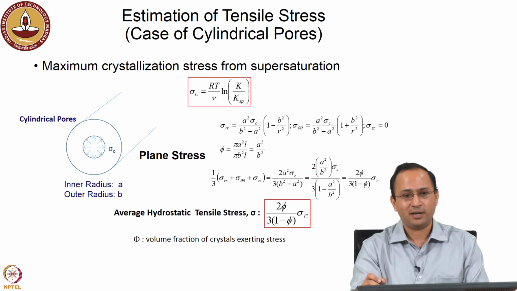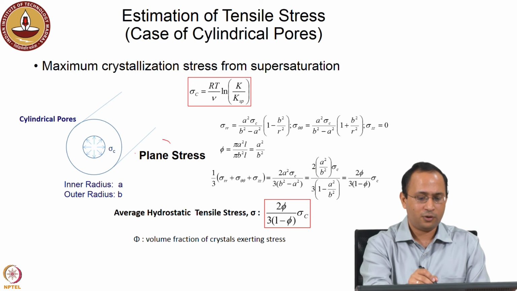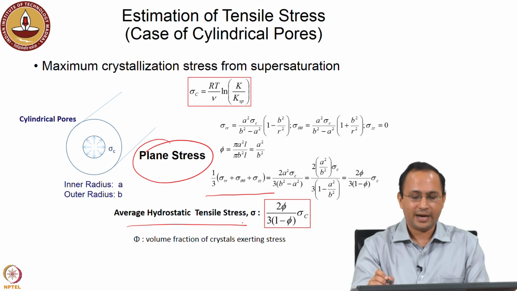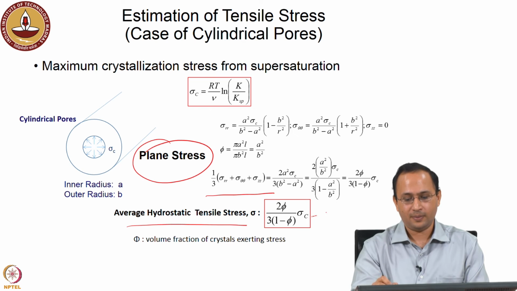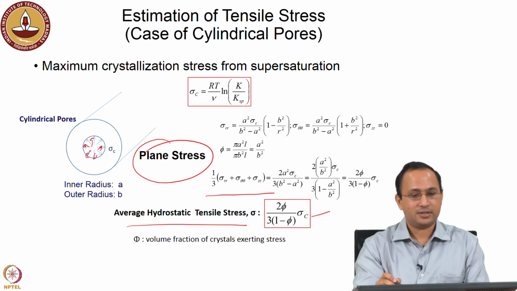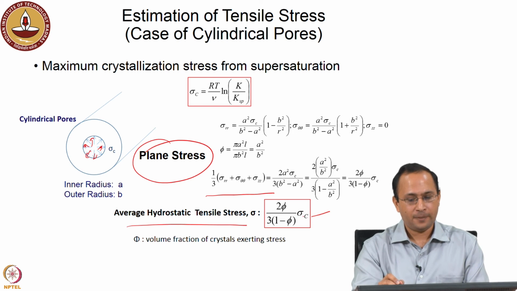This is the case of cylindrical pores basically, and for the plane stress condition what we can calculate is the average hydrostatic tensile stresses, right. Just to clarify this point, in cylindrical pores we are assuming these are the crystals right here causing these stresses, right.